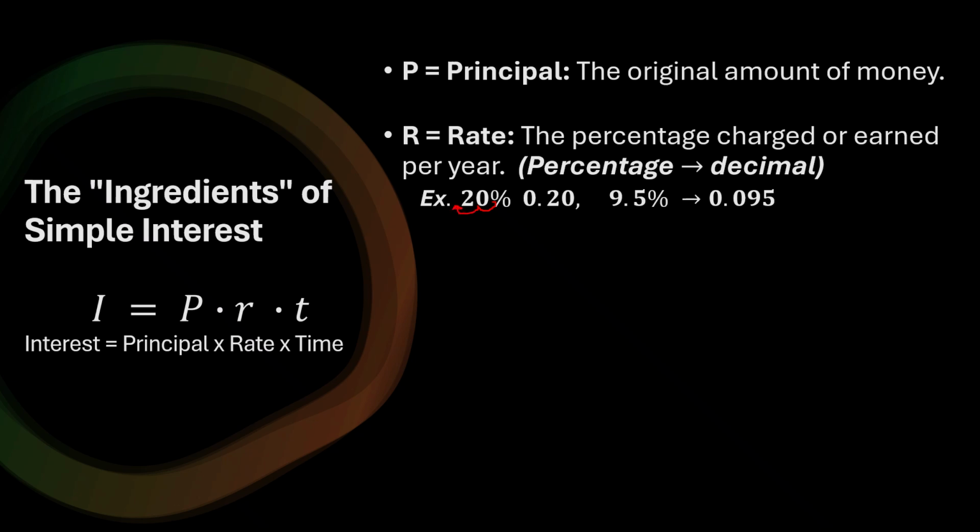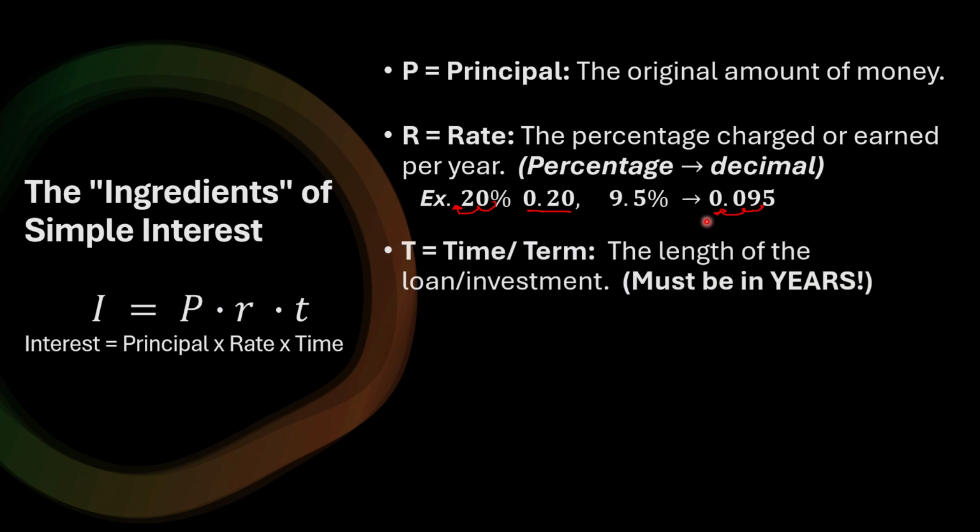That is why it became 0.20. This example, 9.5%. The original decimal is between 9 and 5. We will move it twice to the left, 1 and 2. That is why it became 0.095.